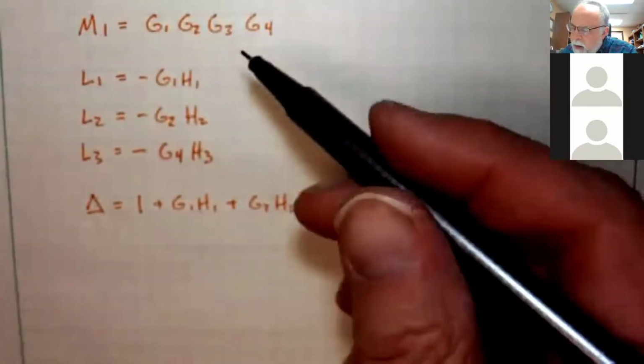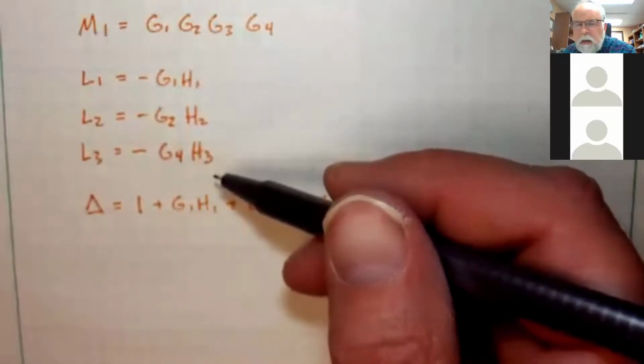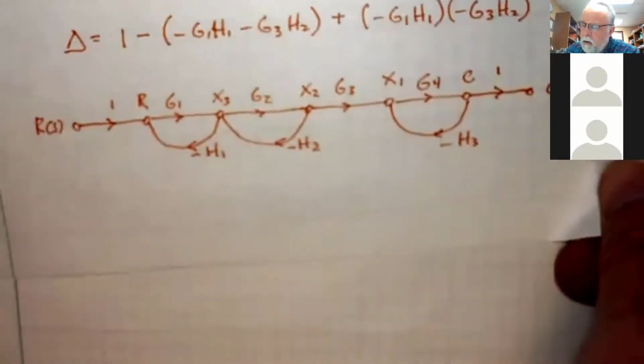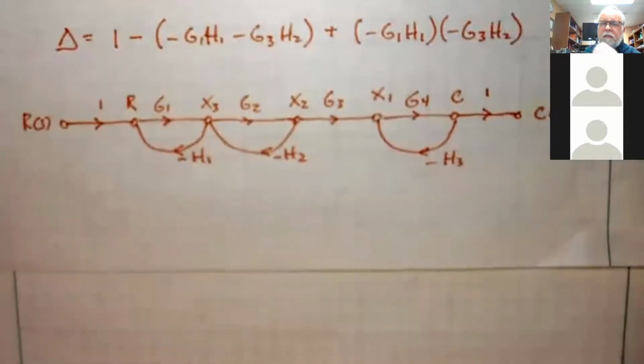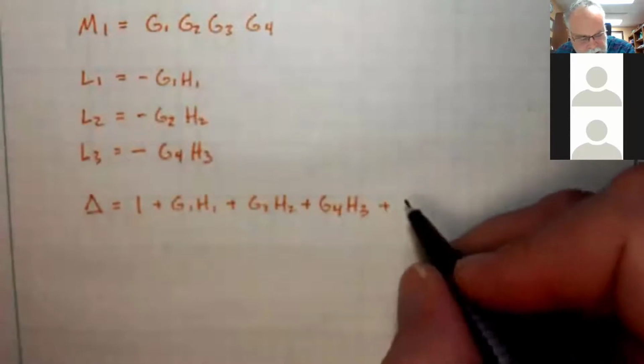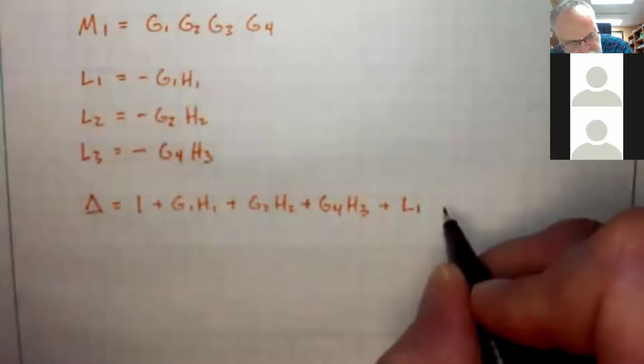And then the product of the non-touching loops, taking two at a time. So how many sets of non-touching loops do we have? Would it be 2? Yep. So we've got loop 1 and loop 3.